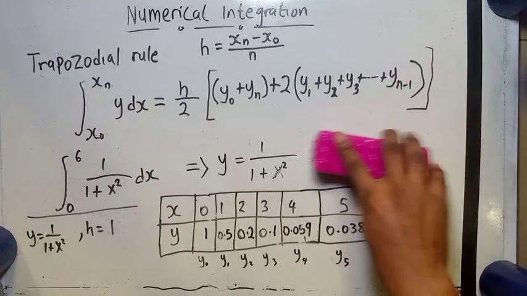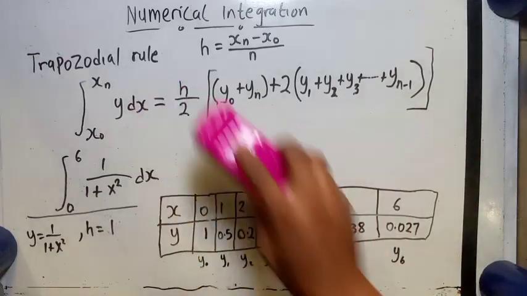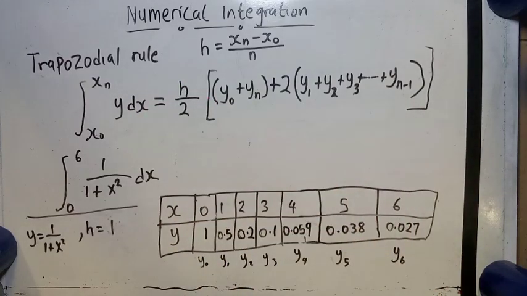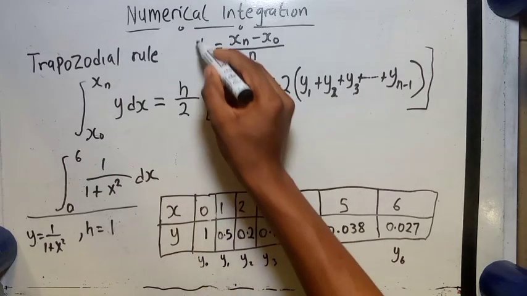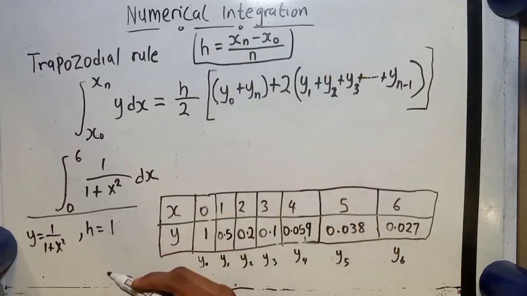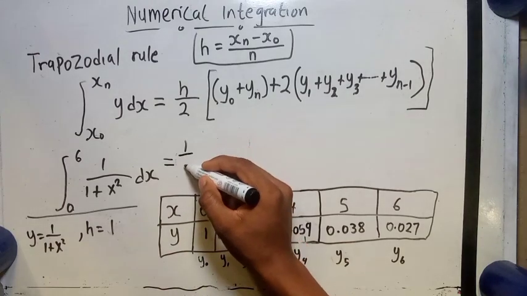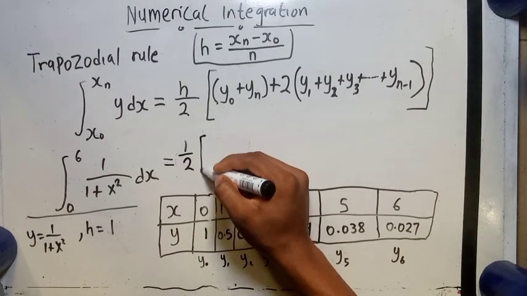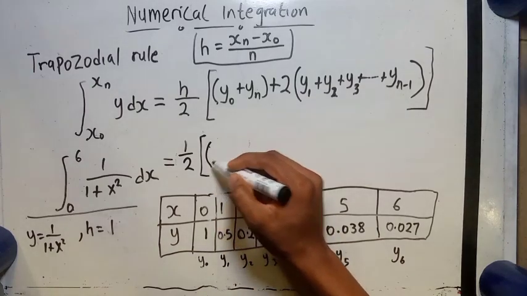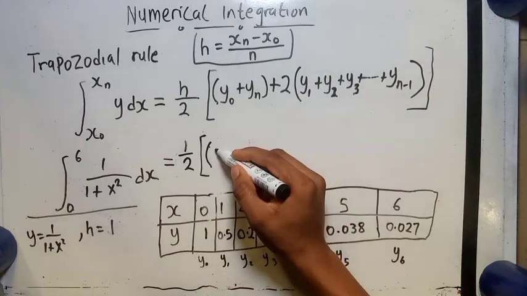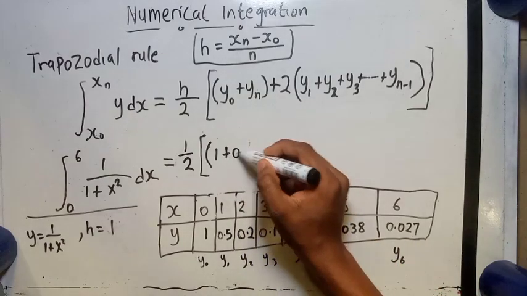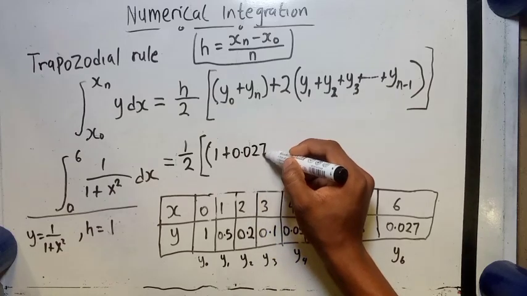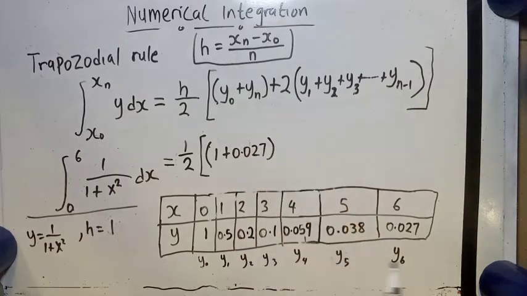Now, using the formula that was given to us for the trapezoidal rule, this is going to be 1 over 2 multiplied by 1 plus 0.027. Remember, our last n is this.